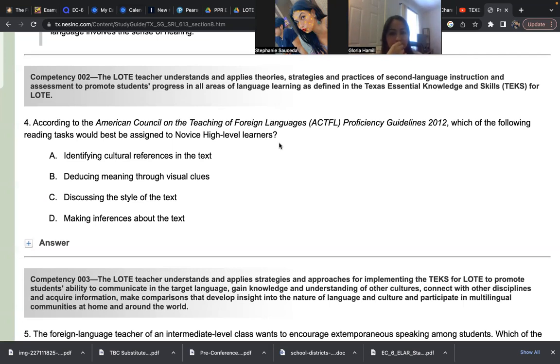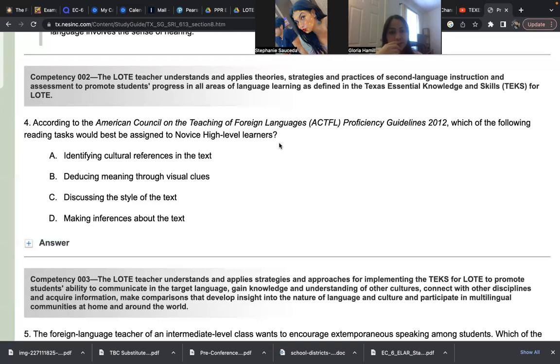Identifying cultural references in the text. I don't think that would be that hard to identify cultural references. But okay, deducing meaning through visual cues. You said reading tasks, and then through visual cues, that's a little different.